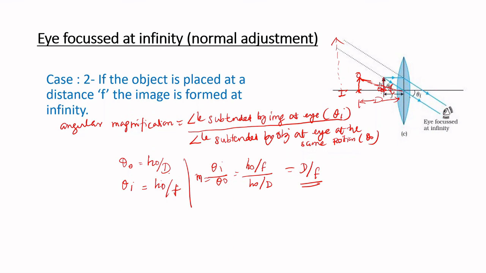The same triangle, same side, forms theta I. So theta I is again HO divided by F. That is how we get the magnification as D by F.